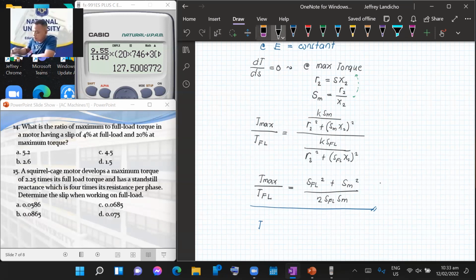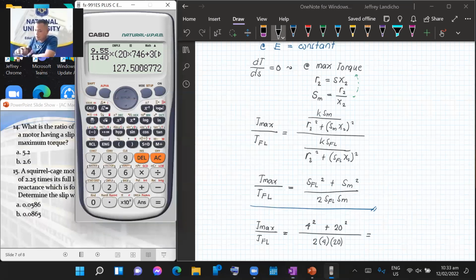Therefore, over the full load, it should be equal to slip at full load, kahit naka-percentage, okay na yan, squared. Slip at maximum, 20 squared, divided by 2 times 4 times 20.